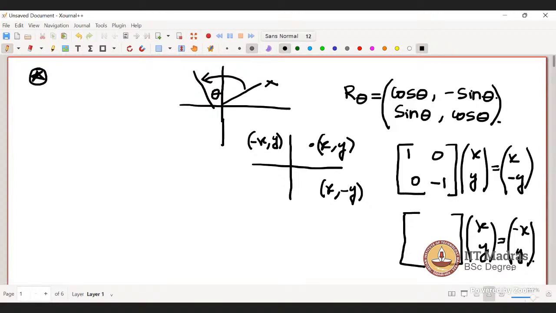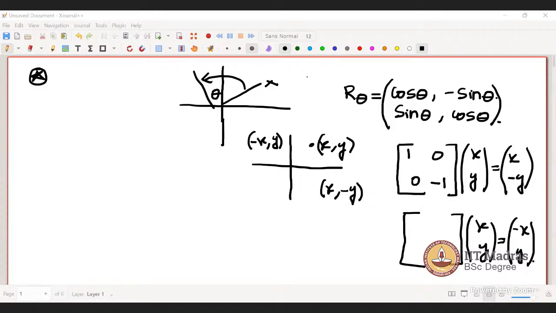So it depends on what your reflection is, and how it is converting a point in R square to some other point. Then only you can find out the matrix of the reflection.